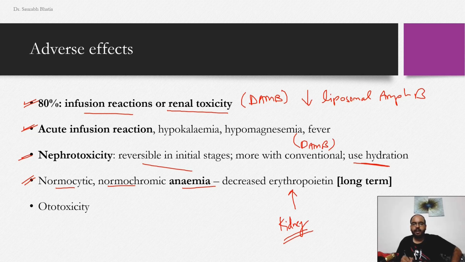So erythropoietin is decreased, leading to normocytic normochromic anemia over the long term. It can also damage the hearing cells. Why? Because they also work on potassium influx. Remember your physiology: the cochlear cells work on potassium ions and calcium influxes. So the same mechanism by which it causes renal toxicity can also cause ototoxicity.